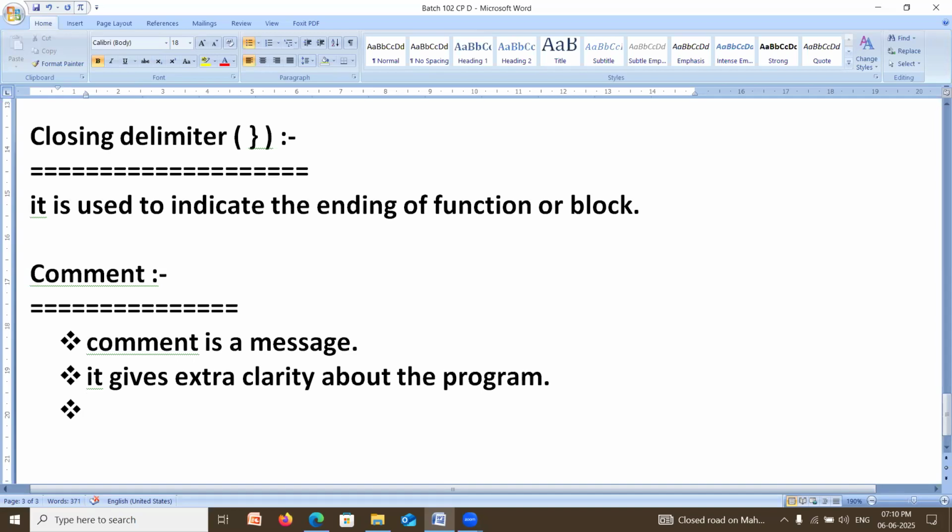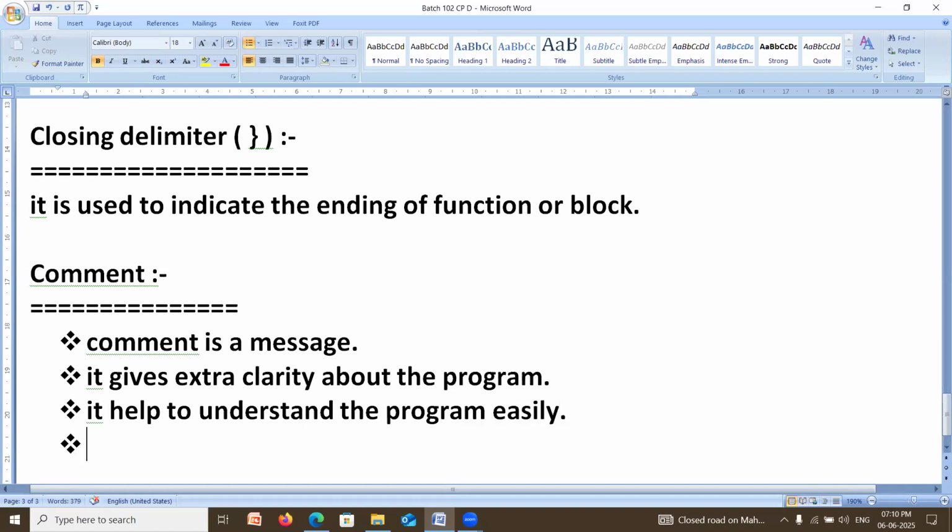Whenever you write the comment in program, it helps to understand the program easily. Whenever you understand the program easily, then you can implement it easily.